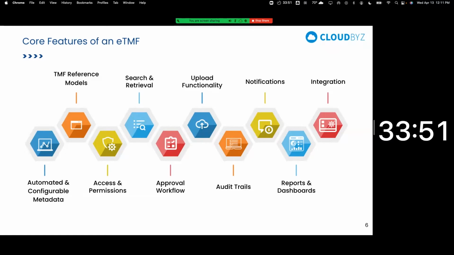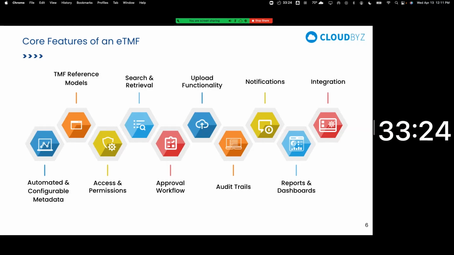So based on the available data that you have, such as the name of the document or the version number or the date, the system should auto-populate some of these metadata elements. Another important element, if your platform allows for it, is auto-naming of document whenever possible. So these automations and configurable metadata really help workflows and effective work processes.